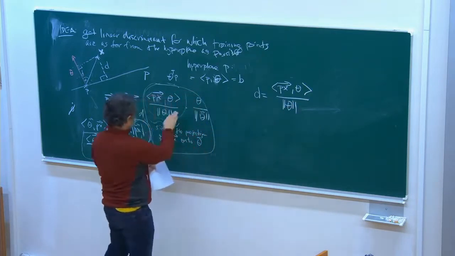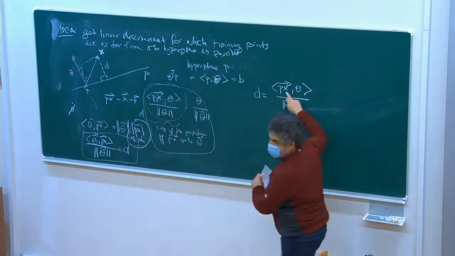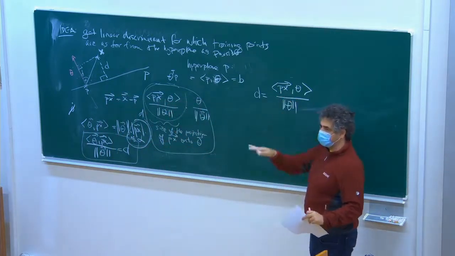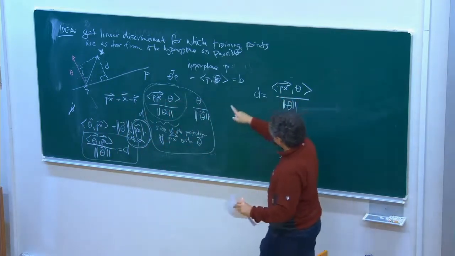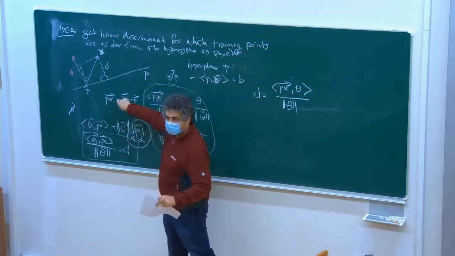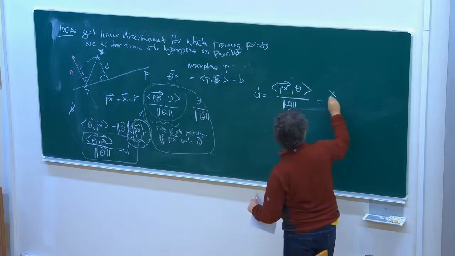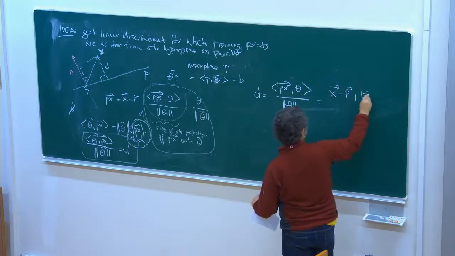Okay, that's just written from here. So what is vector px? That's what someone here asked. Well, it's simply x minus p, vector x minus vector p. So let's write it that way.